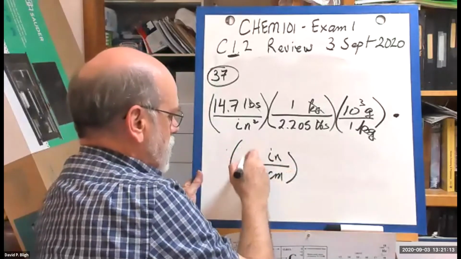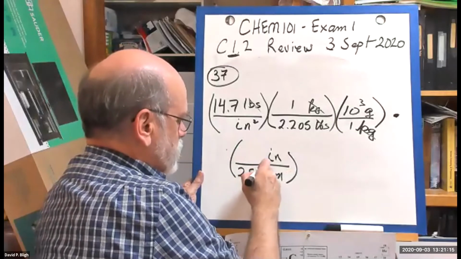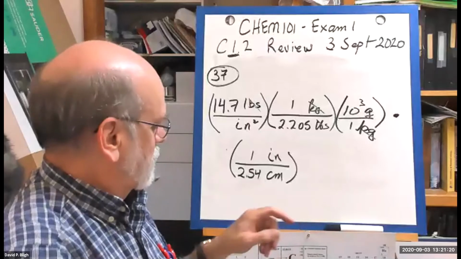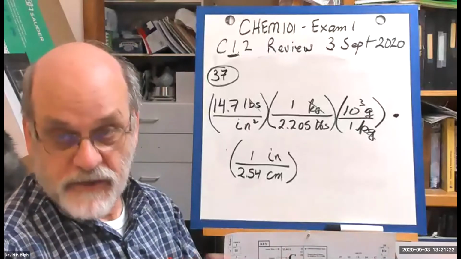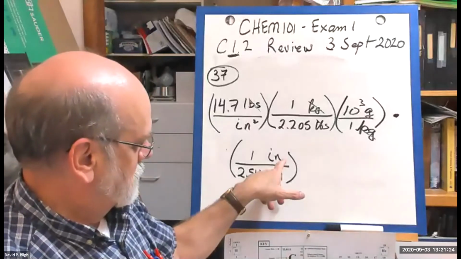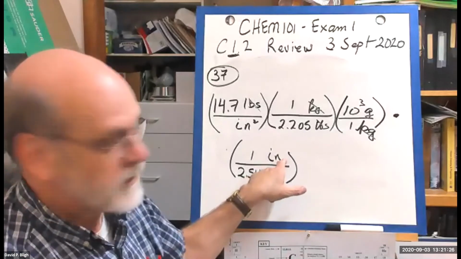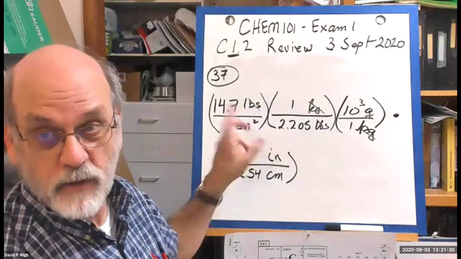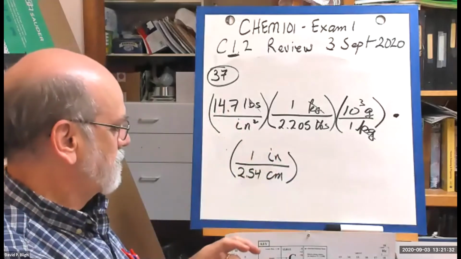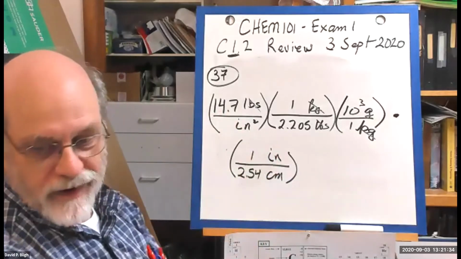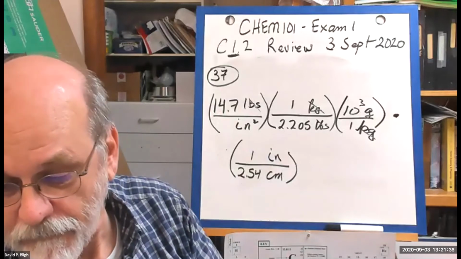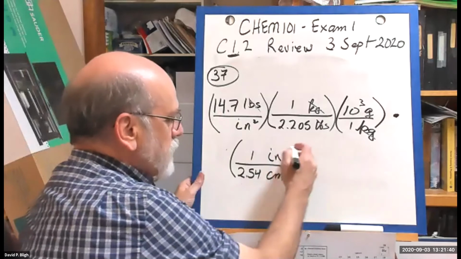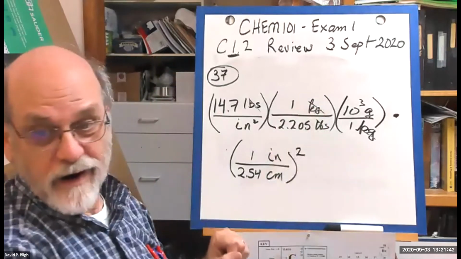Okay, 2.54 centimeters is 1 inch. But what's the problem here? That's inches to the first power. This is inches to the second power. So how do we deal with that? Well, what if we square that whole expression?